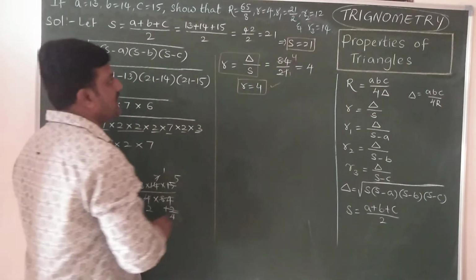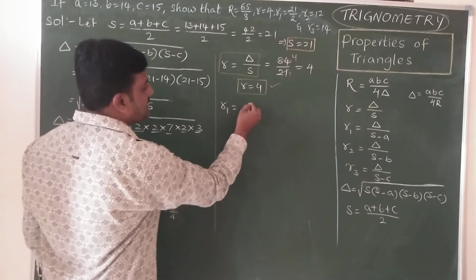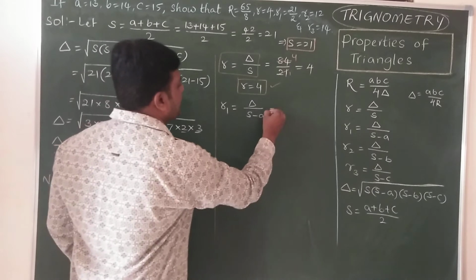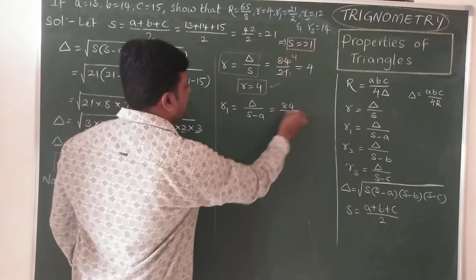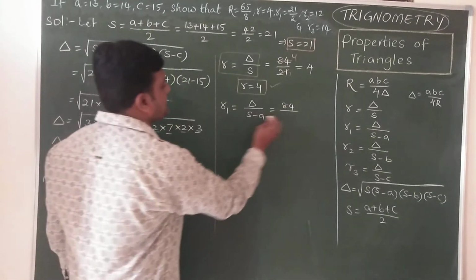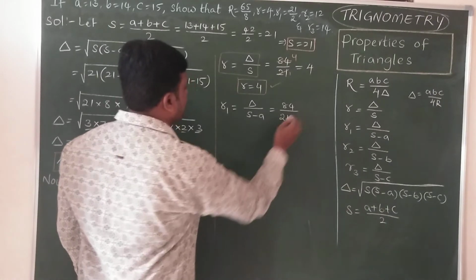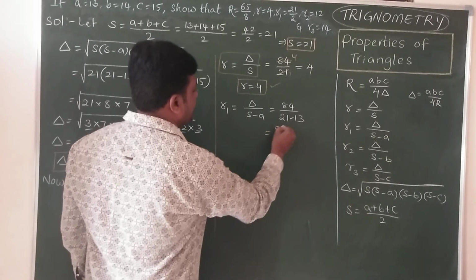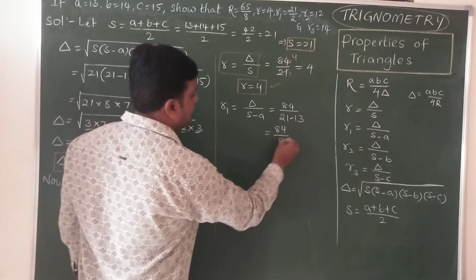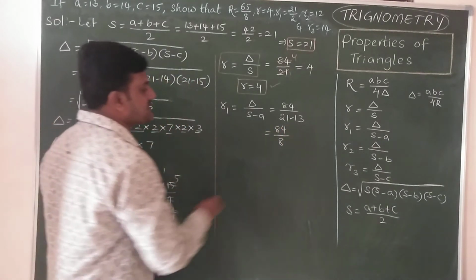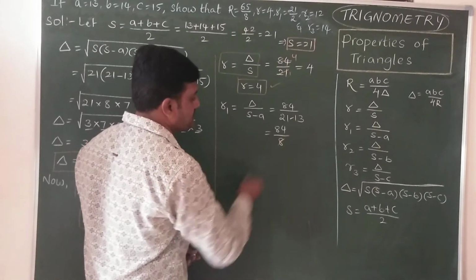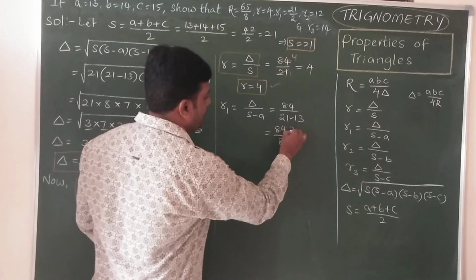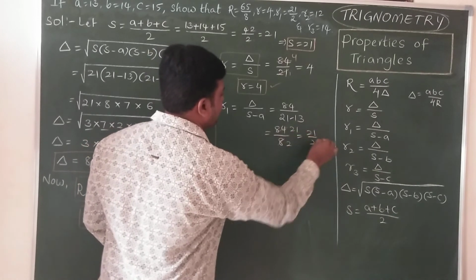Then what about r1? r1 equals delta by s minus a. Delta equals 84 by s minus a. s is 21 minus a is 13, then that equals 84 by 8. Now cancellation: 4 twos are 8, 4 21s are 84, then 21 by 2.